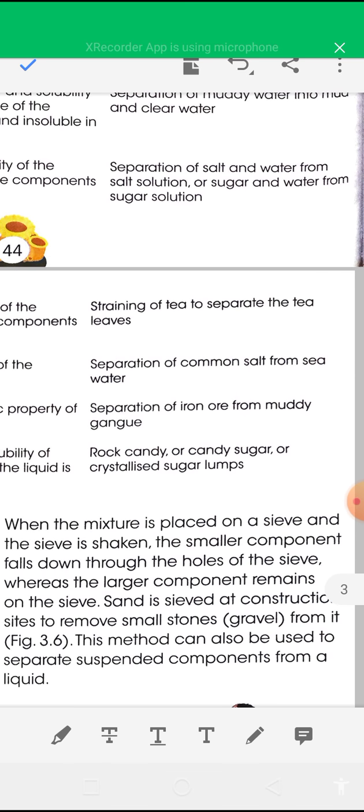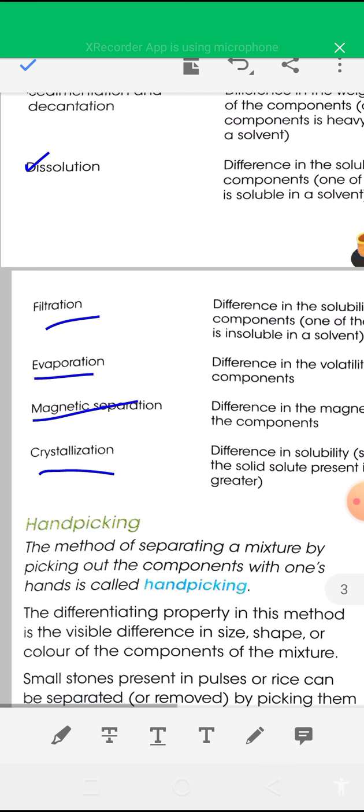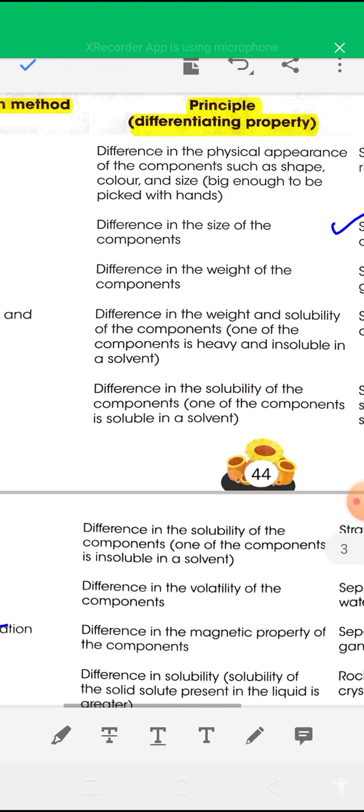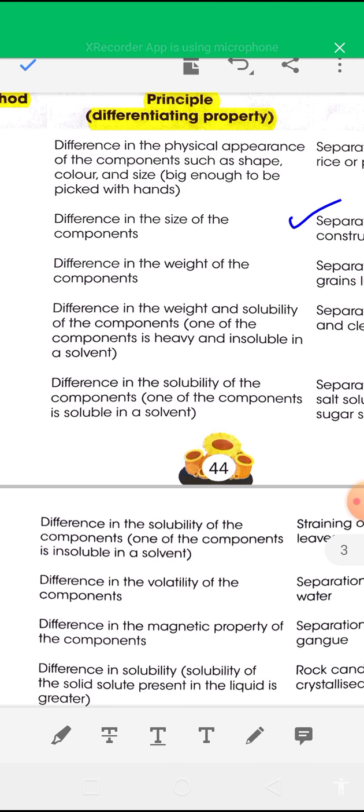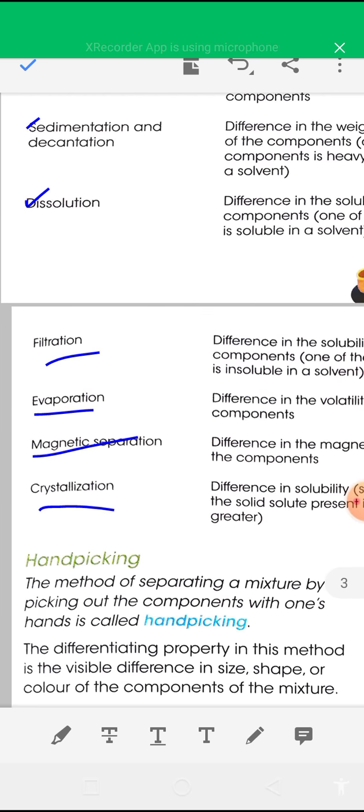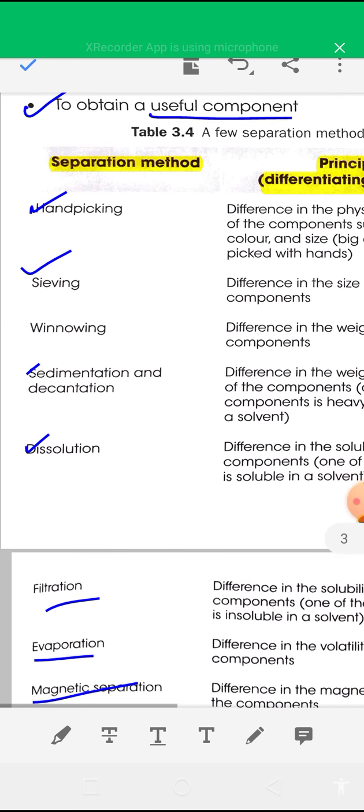Example is rock candy, or crystallized sugar lumps. Okay, so these are some methods of separation, and you have to remember the principle of each type of separation with the example. Okay, next day I will discuss in detail about these separation methods.